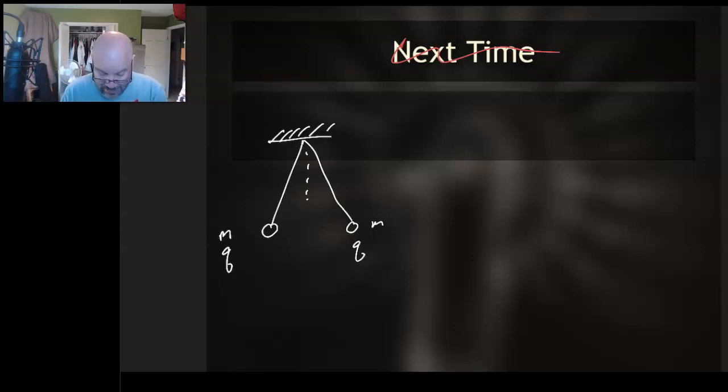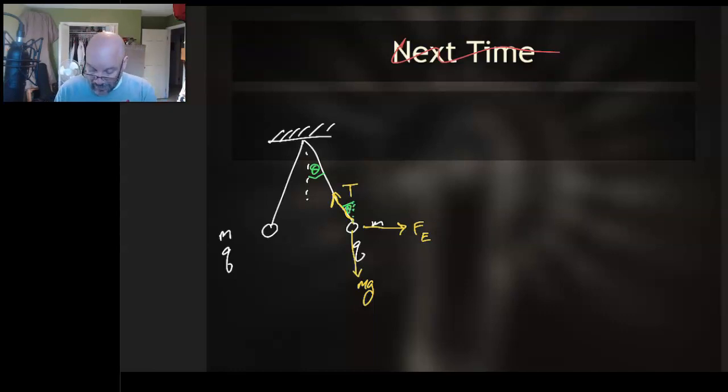Which means we're going to have a force this way from the electric field. But we've also got weight here, mg, and then there's going to be some tension here, T. Now, there's also some angle theta there, which is also this angle right in here.